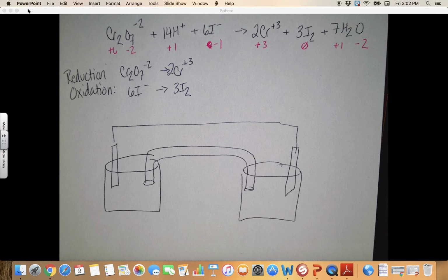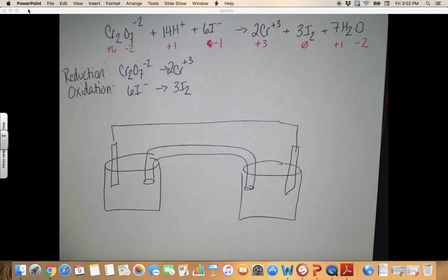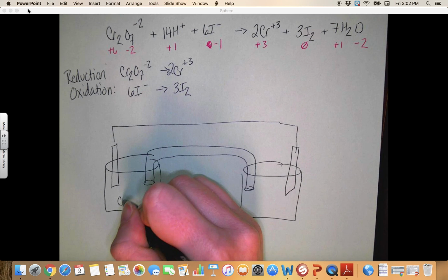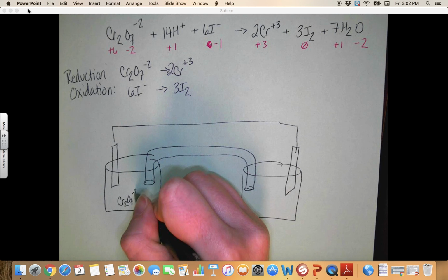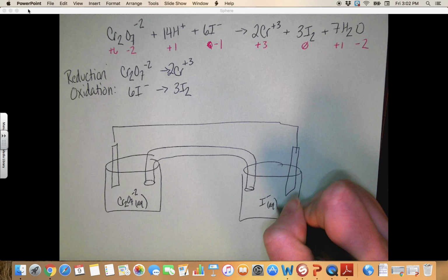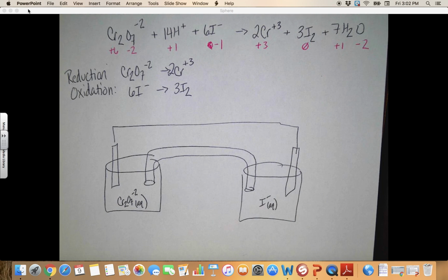Okay, so let's say that this solution is the dichromate. And over here is our iodine. So we're going to indicate the reaction occurring at the anode, the one at the cathode, the direction of electron migration, the direction of ion migration, and then the signs of them.